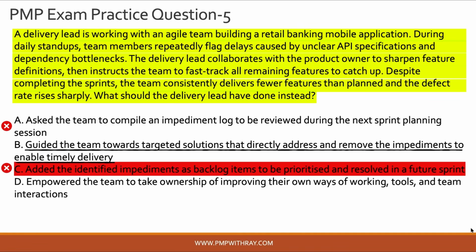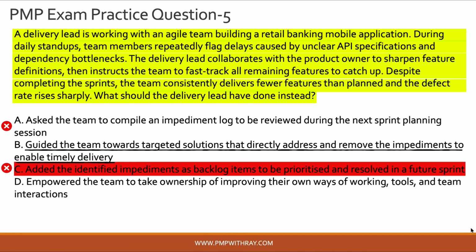If the delivery lead is directing the solution, identifying the fixes and handing them to the team, that is still a top-down directive approach, and it's not really servant leadership. That is really just a polished version of telling people what to do, saying, okay, I am not directing you, but I am guiding you to something which I have already decided for you.